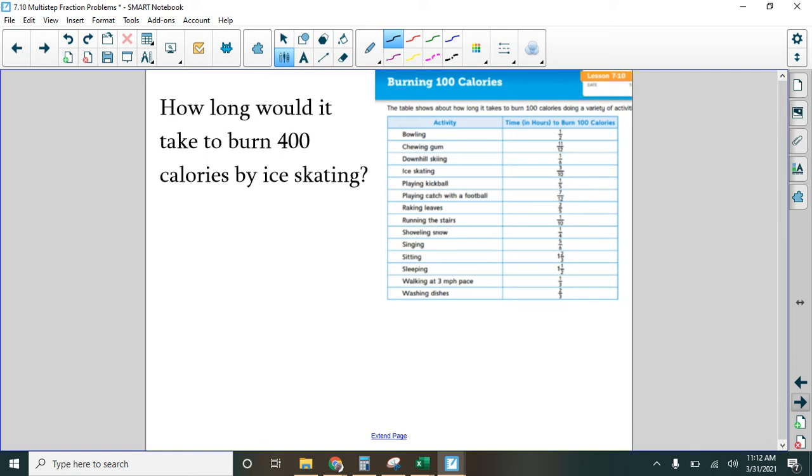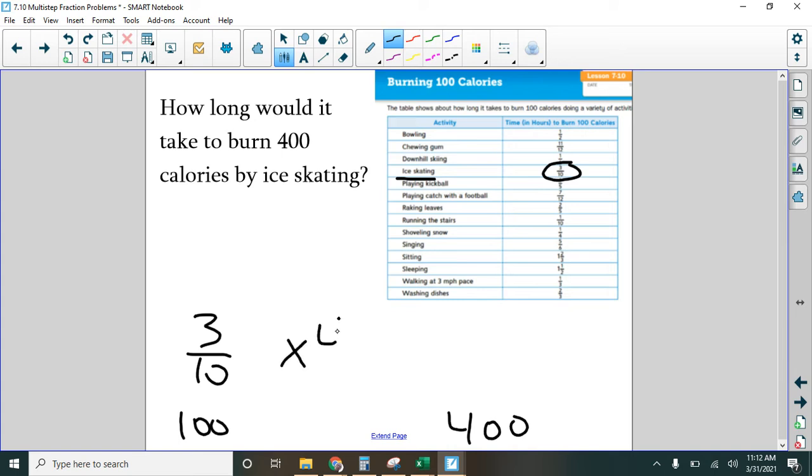How long would it take to burn 400 calories by ice skating? All right, go to ice skating here. 3/10. That's for 100. We want to get up to 400. So what do we need to multiply by? Times 4. What is 3/10 times 4? It is 12/10 or 1 2/10, which is better. 1 2/10.